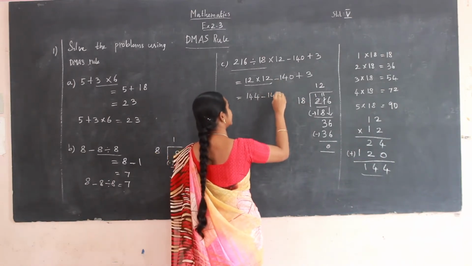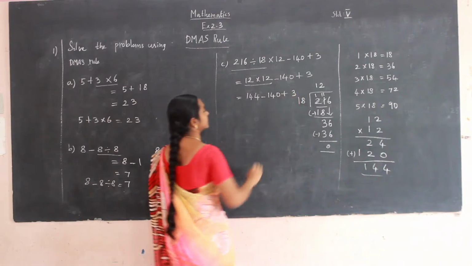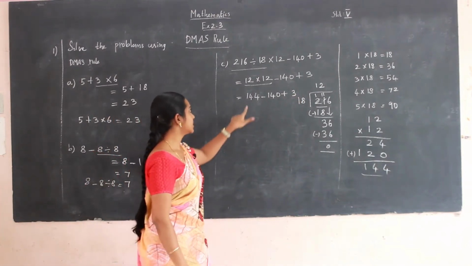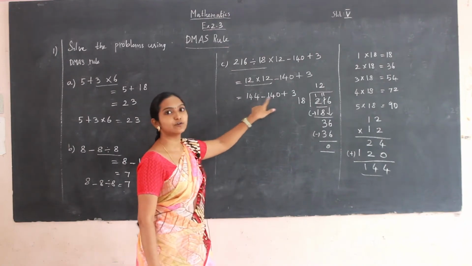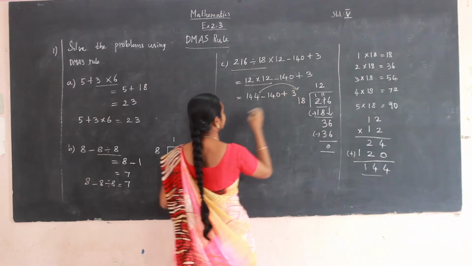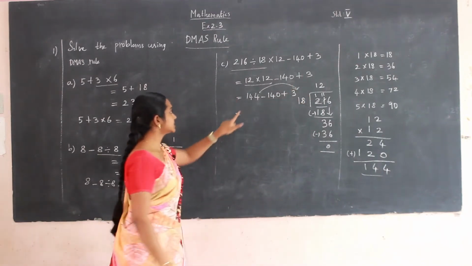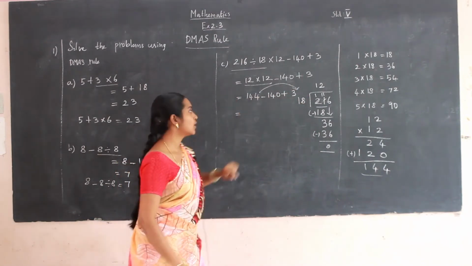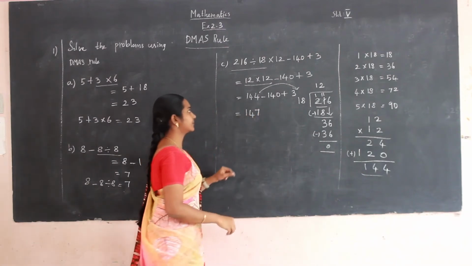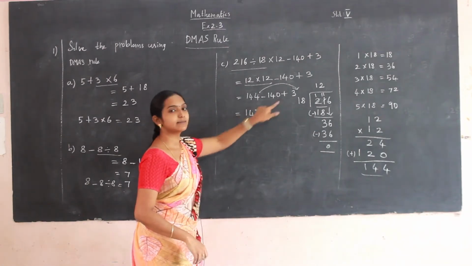Minus 140 plus 3. What we have to do next? We have to add the numbers. So add 144 and 3. 144 plus 3 is 147. And write this number as it is.